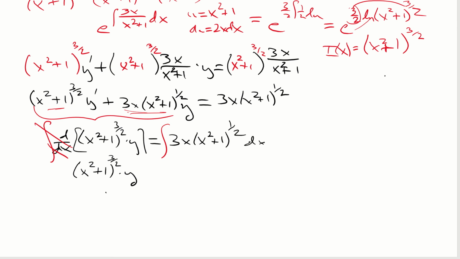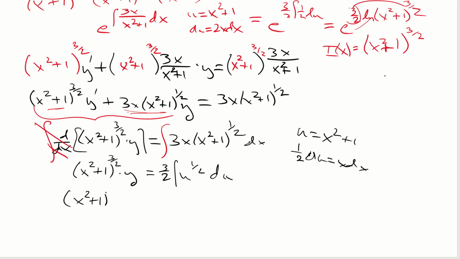In this case, it looks like we have to use u equals x squared plus 1 again. You know what happens, don't you? You get 1/2 du equals x dx. So you get a 1/2. So you're getting a 3/2 integral u to the 1/2 power du. Keep working. A lot of stuff here, huh?